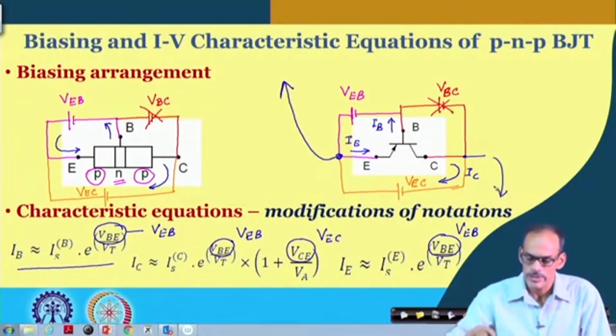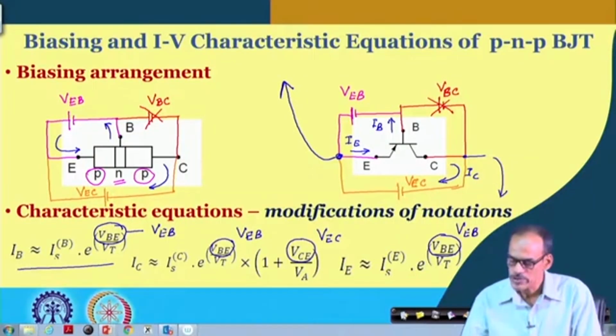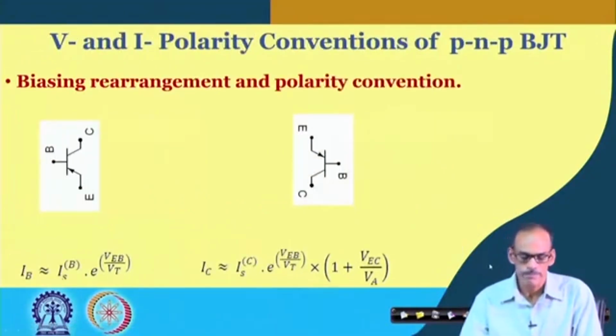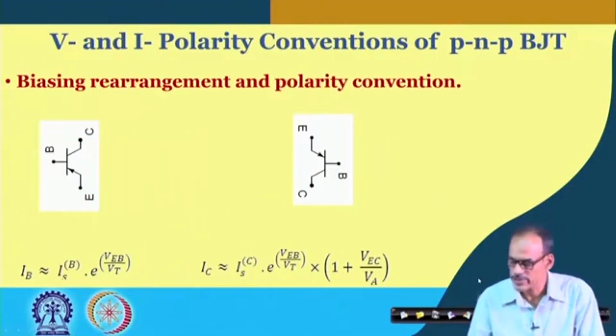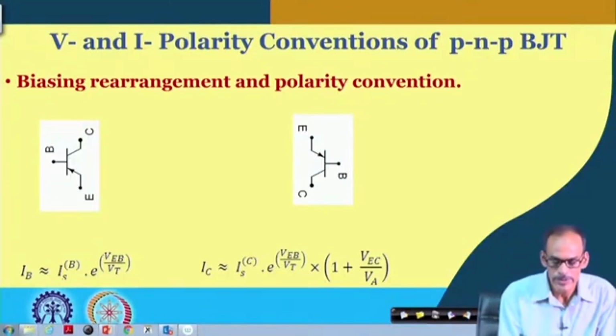So, we will simply rotate this device by 90 degrees for our convenience. So, if you see in the next slide, that is how we have done. We have rotated this device, and then the corresponding biases can be explained like this.